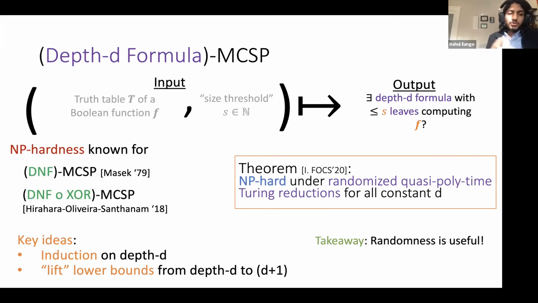If you sample a uniformly random function, Lupanov showed in the 60s that you can find a depth 3 formula for it that's basically optimal. But if you try to get a depth 2 formula, that's actually not optimal. For a uniformly random function, it's much easier to compute it at depth 3 than at depth 2. So in this result, because we're lifting from the depth 2 case, we needed to find functions that are pretty much optimally computed by DNFs.